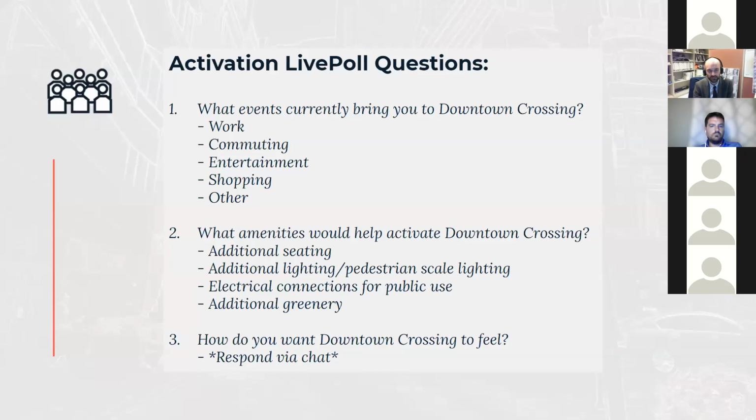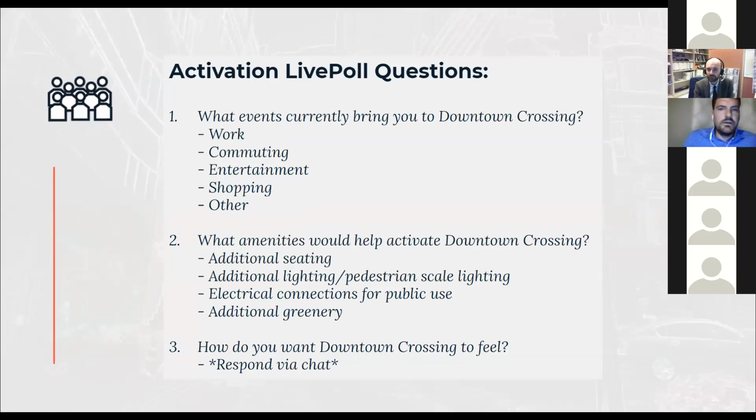So that was the activation section. We'll pause here for yet another live poll. First off, what are the events that bring you to Downtown Crossing today? And second, what amenities do you think would help better activate Downtown Crossing?